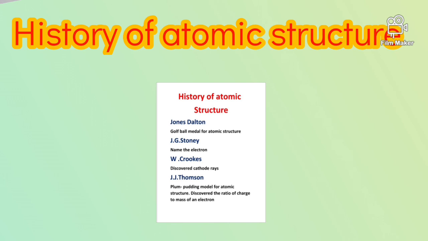J.J. Thomson introduced the plum pudding model for atomic structure. He discovered the ratio of charge to mass of an electron. Actually, he is the person who discovered the electron physically.